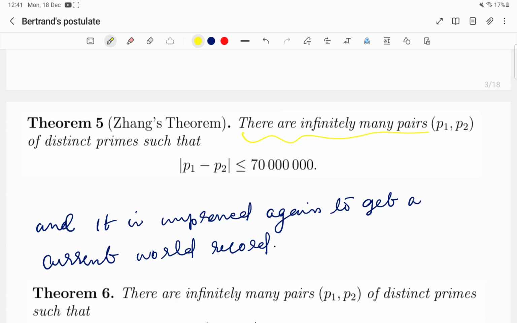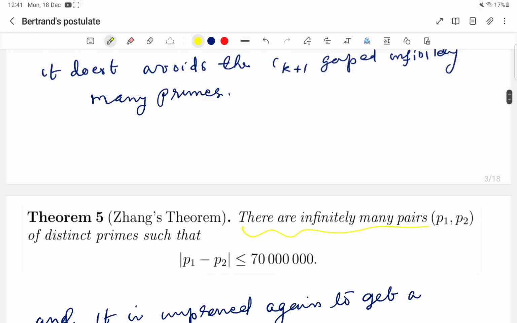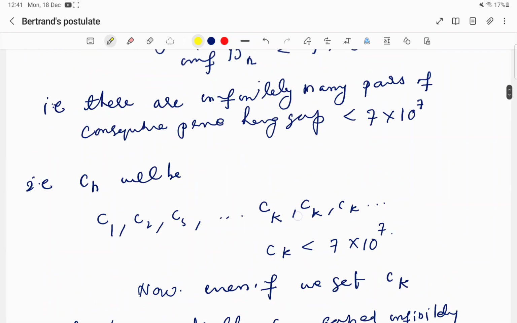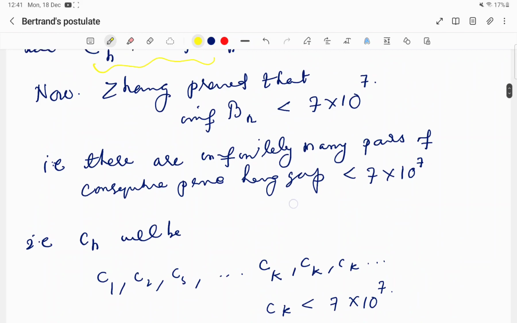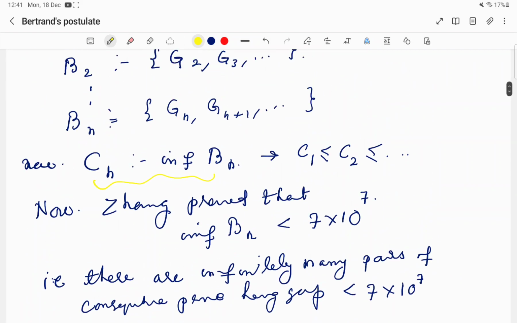So if you say a consecutive difference, then there are infinitely many pairs P1, P2 of distinct primes whose gap is less than or equal to 70 million. So that is talking about the minimality.